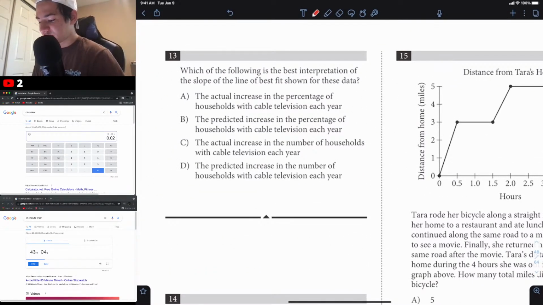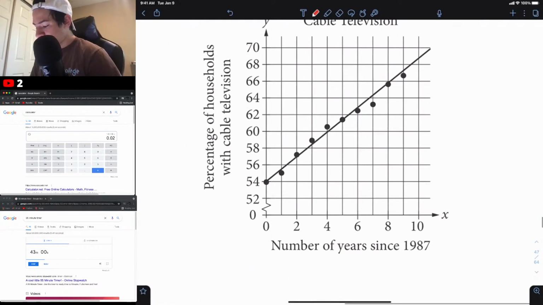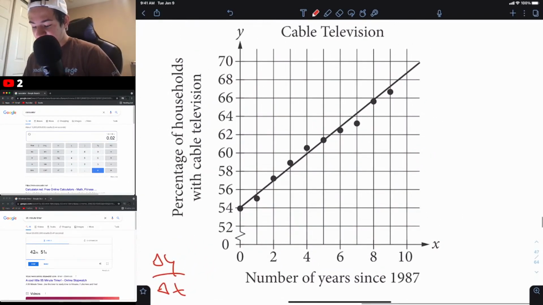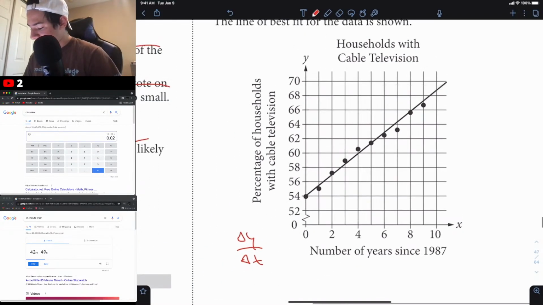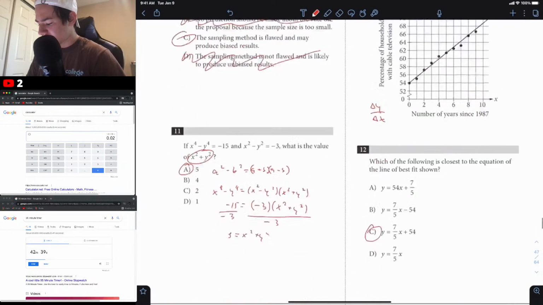Which of the following is the best interpretation of the slope of the line? The slope of the line is going to be the change in y over the change in x, right? So the change in y here is the percentage of households with cable television. So basically the slope just represents the average change in percentage of households with cable television each additional year.